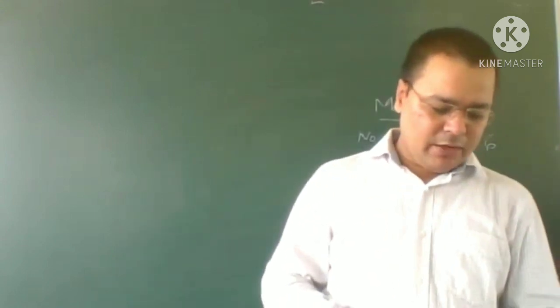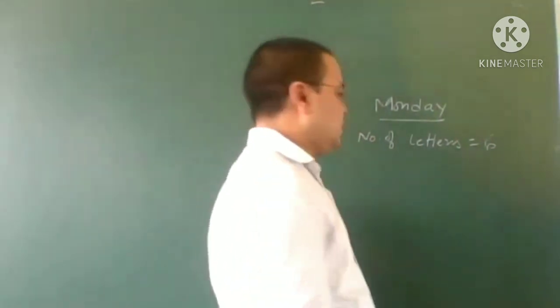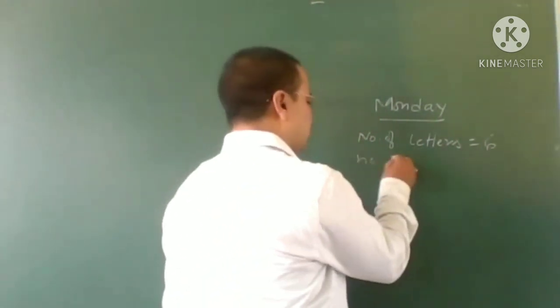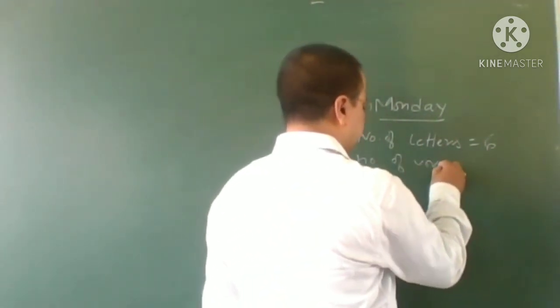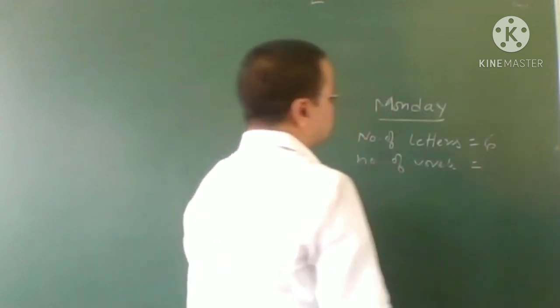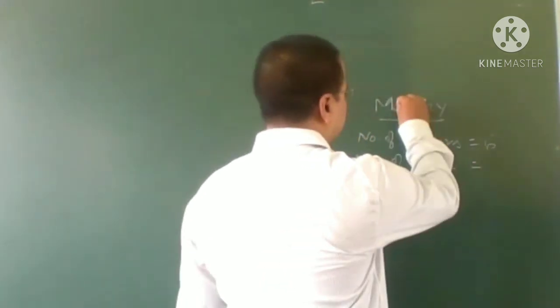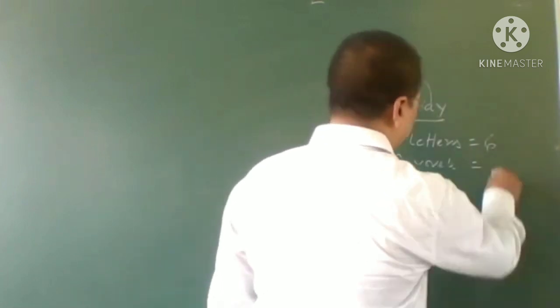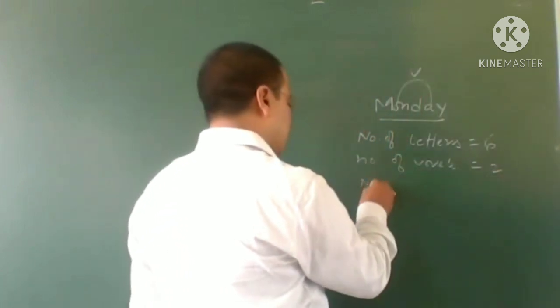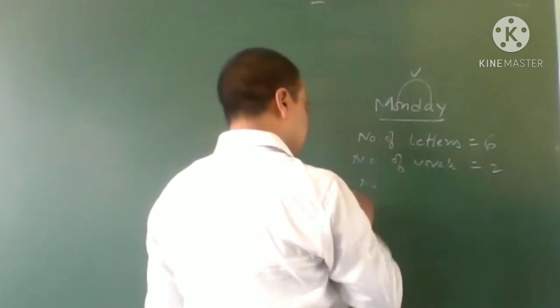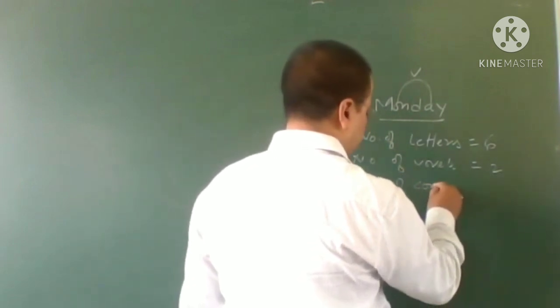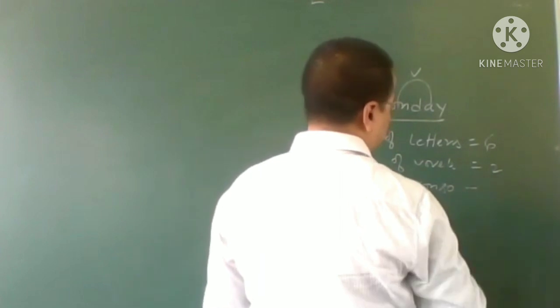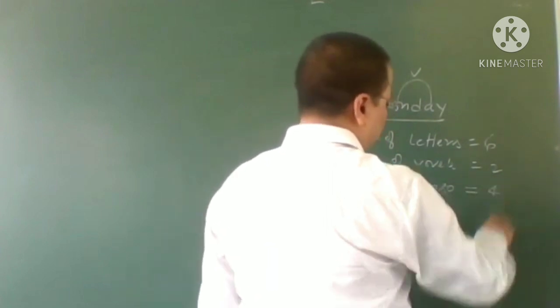Okay. Number of vowels is equal to what? O and A only. These are the vowels, meaning only 2 vowels. Number of consonants is 2.